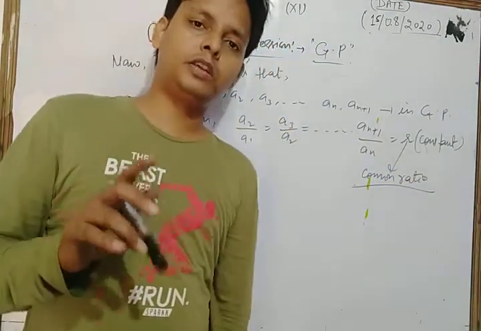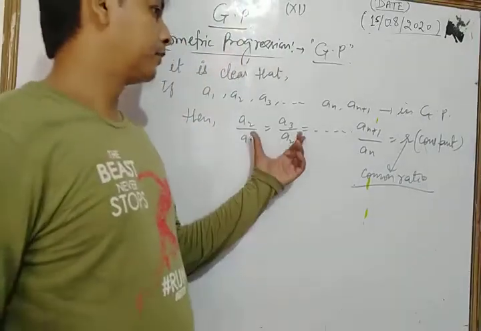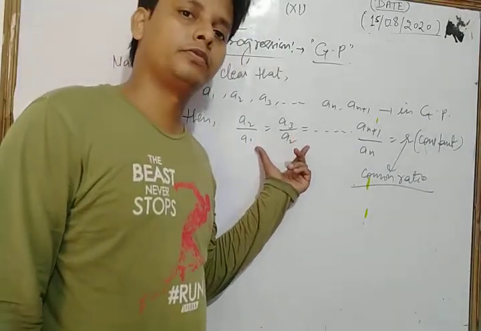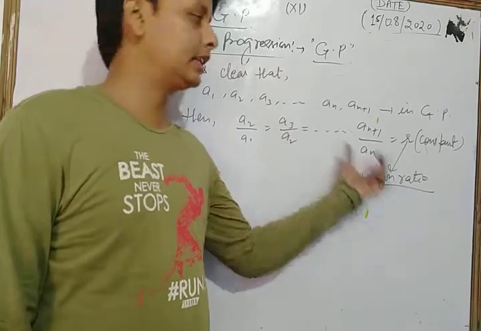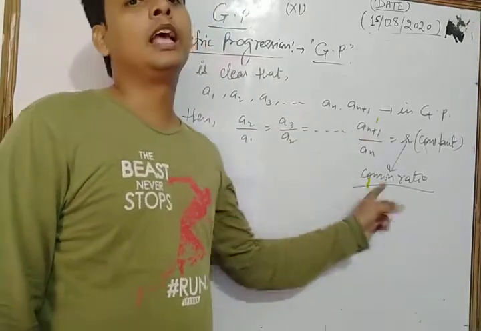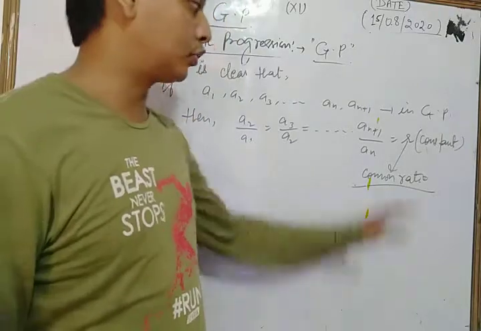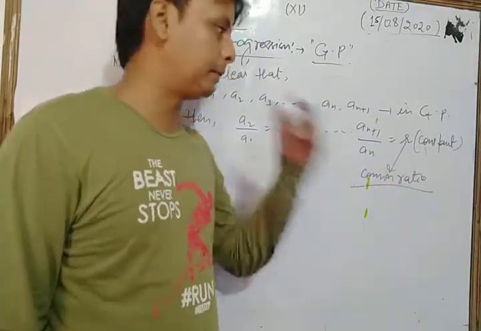This is the necessary condition for a sequence to be in GP. Sorry, the common ratio is always the same.